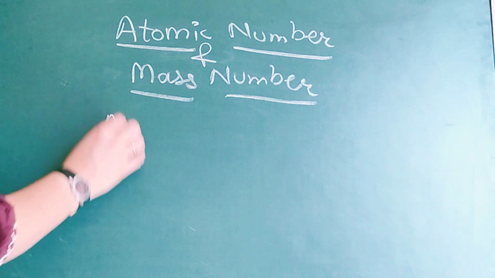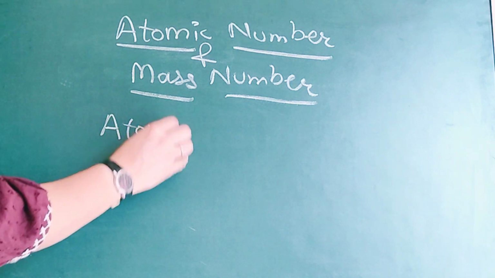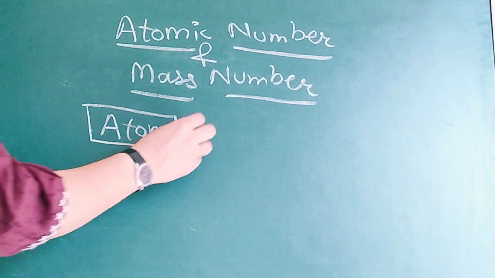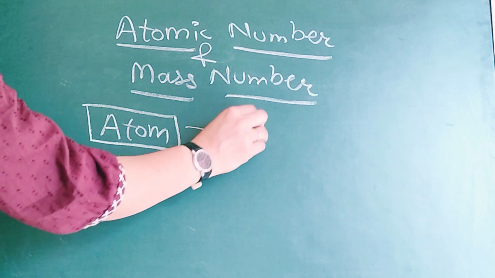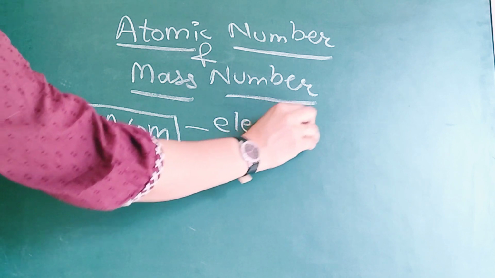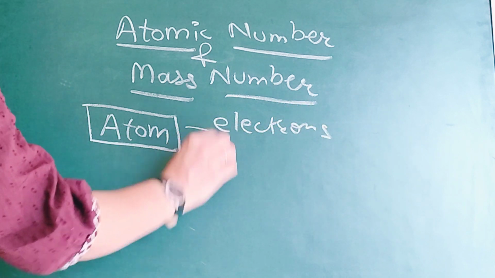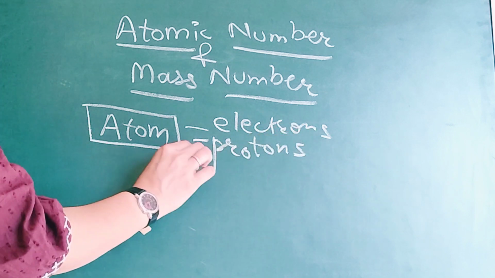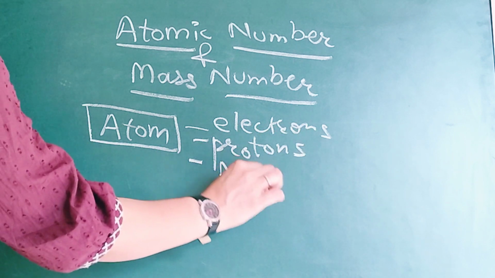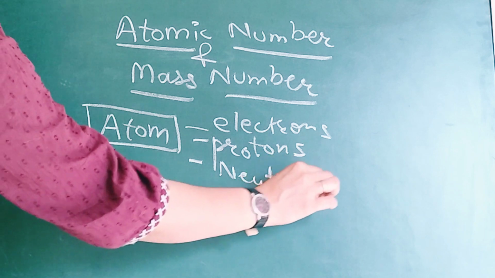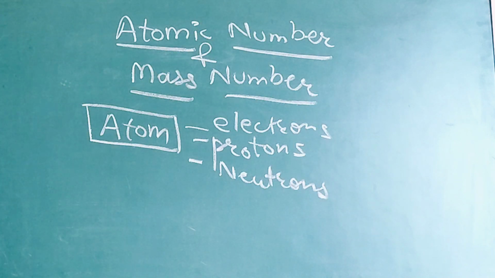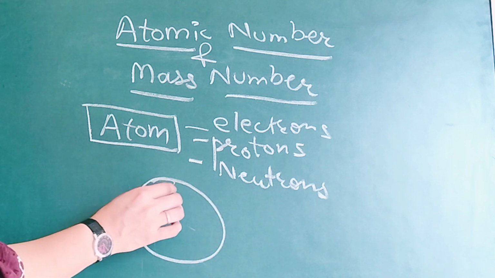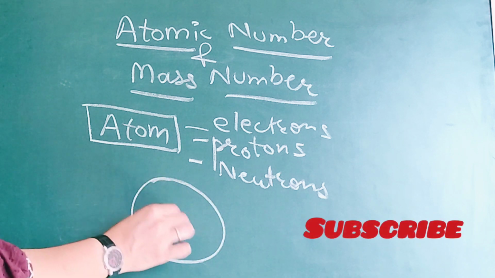We know atom. First we should know about the atom. What is an atom made up of? Atom is made up of electrons, protons and neutrons. Electrons are revolving around the nucleus.